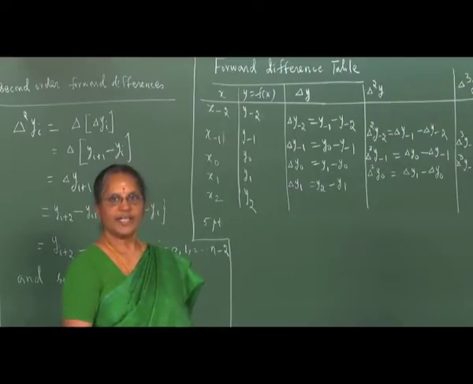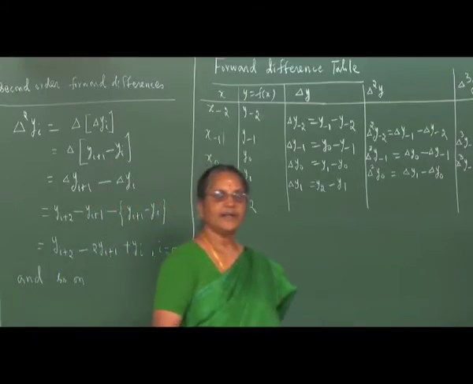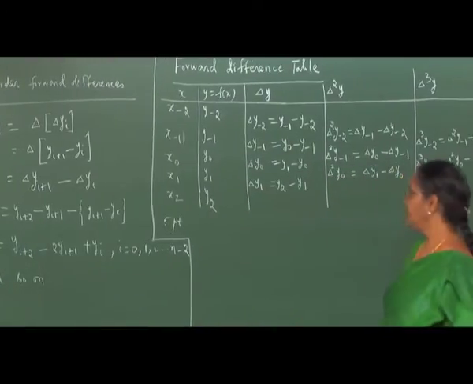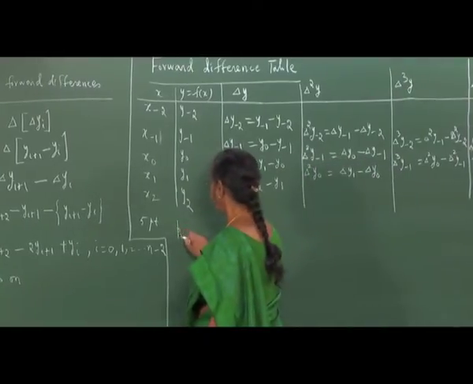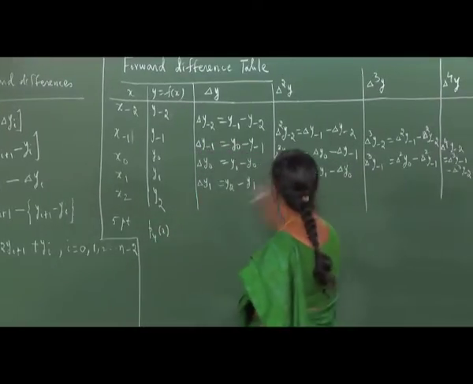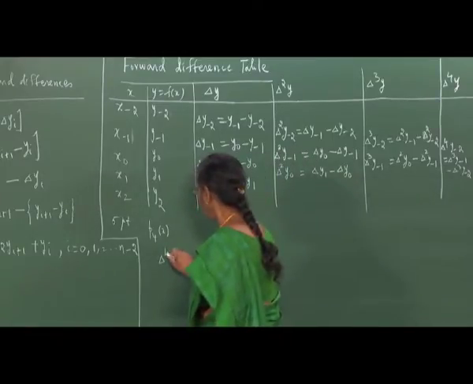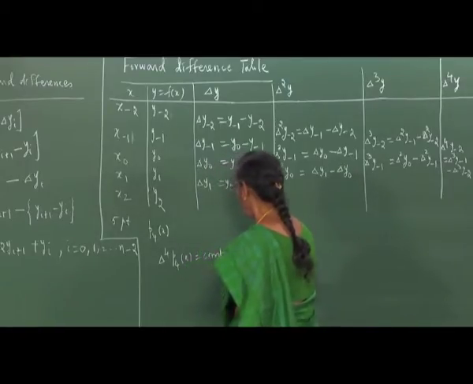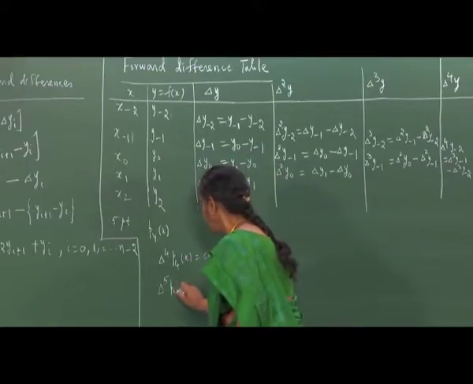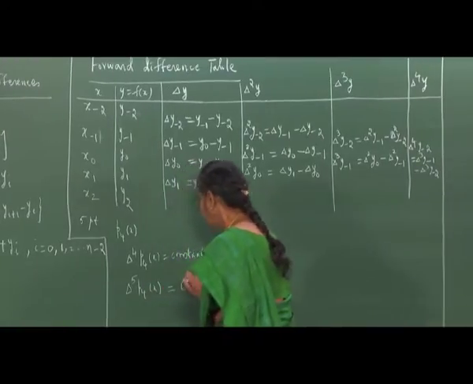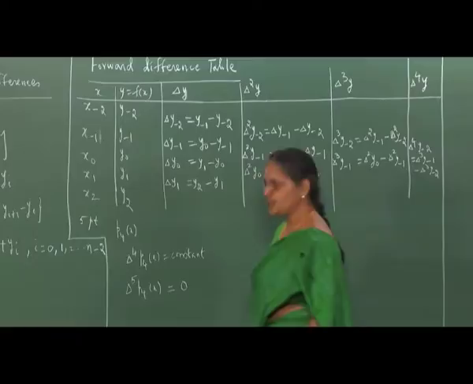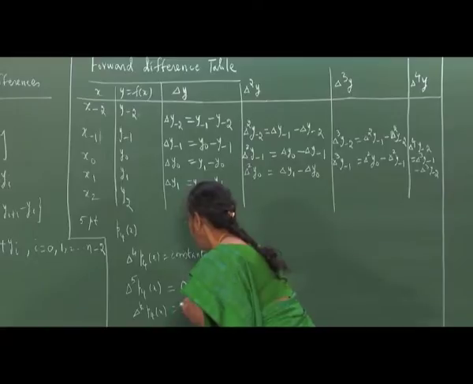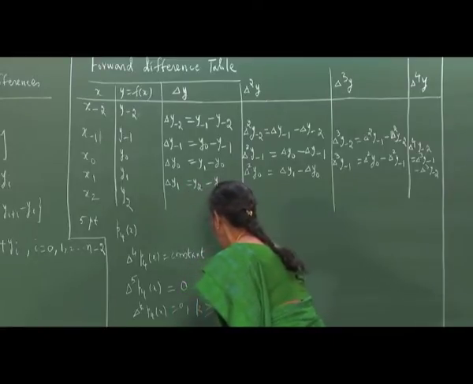We will show that when we take forward differences of this polynomial of degree 4, which I call P4 of x, the 4th order difference of P4 of x will be constant, and the 5th and the higher order differences will all be equal to 0. So, the kth order difference of P4 of x will be 0 for k greater than or equal to 5.